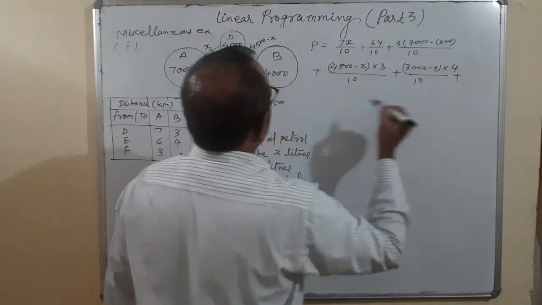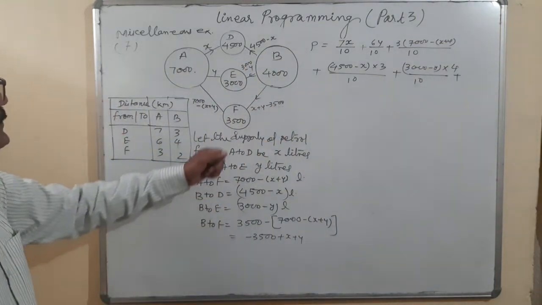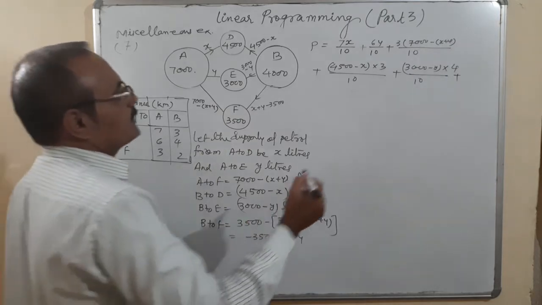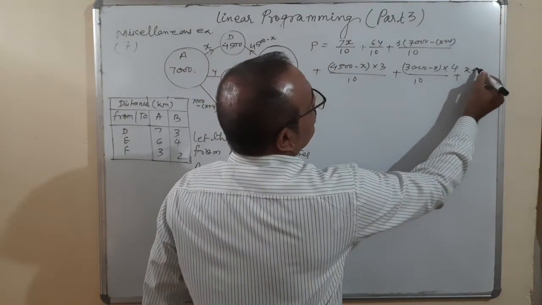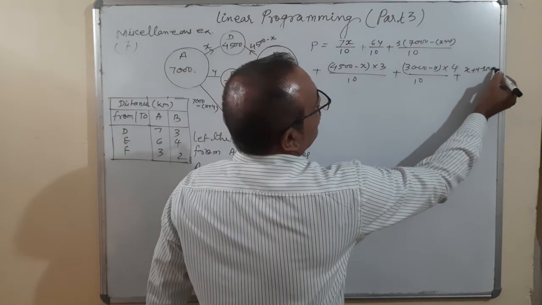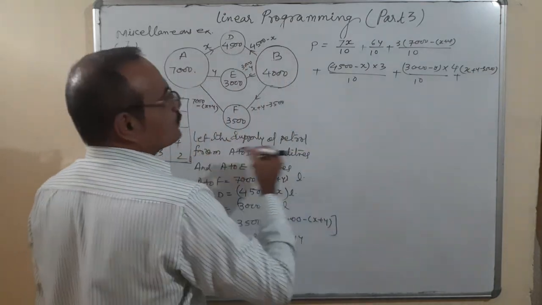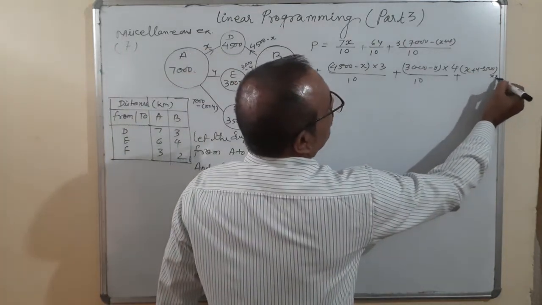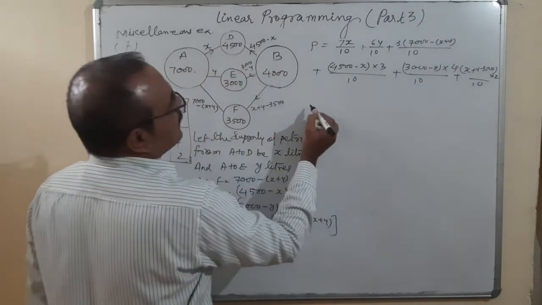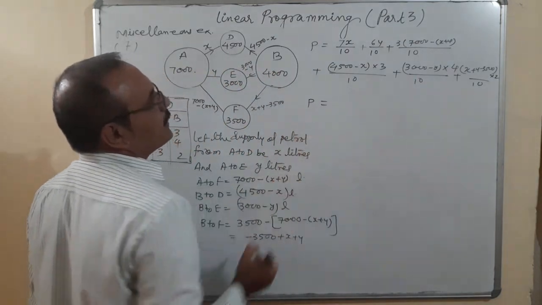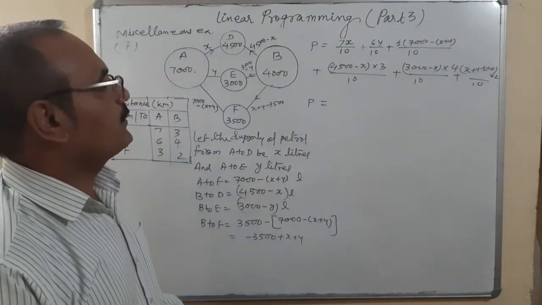And finally B to F: X plus Y minus 3500 multiplied by 2 upon 10. So that means the profit equation is coming here, with upon 10 everywhere.